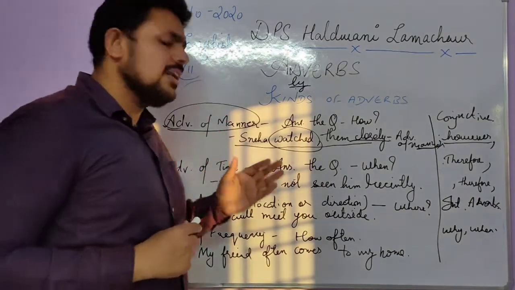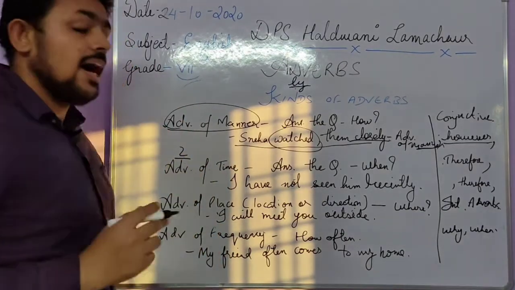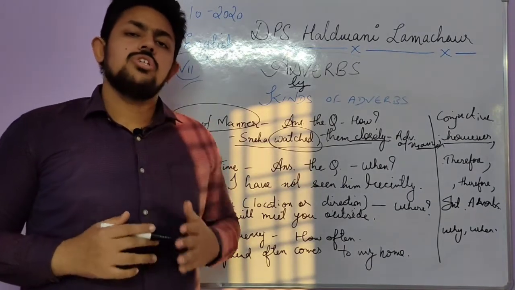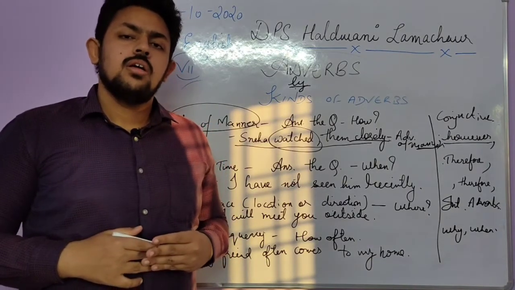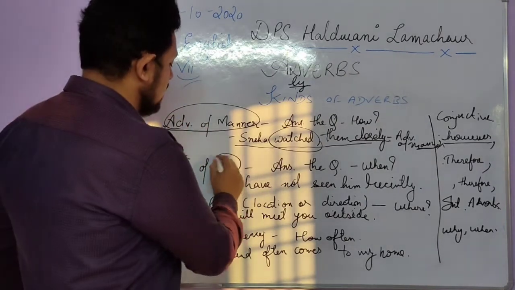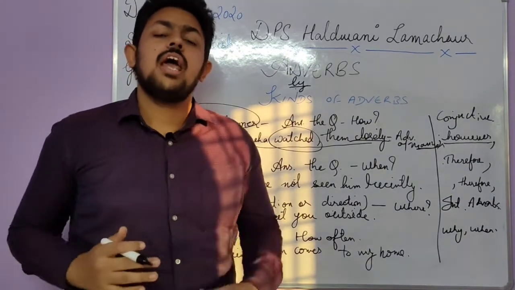Now coming to the next kind, the adverb of time. So when time is there, what question will be asked? Yes, when. So when an adverb of time is there, the question will be when, when the action happened.